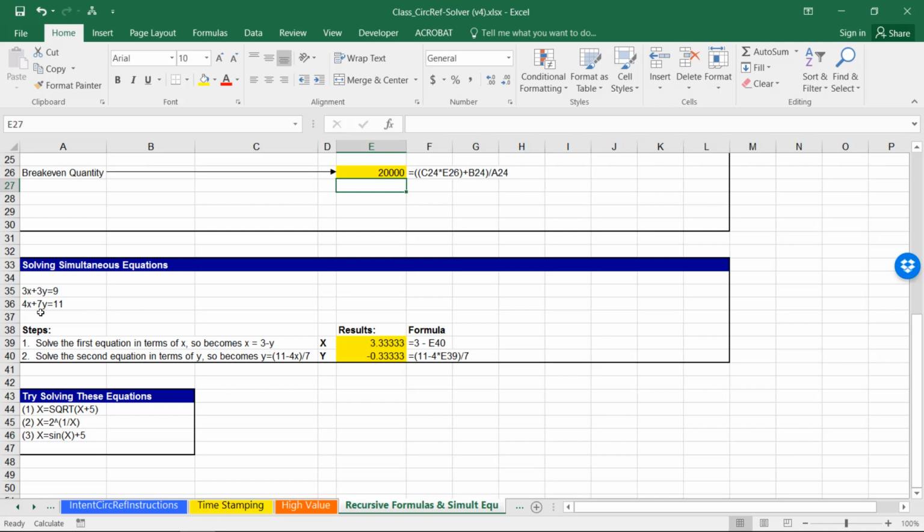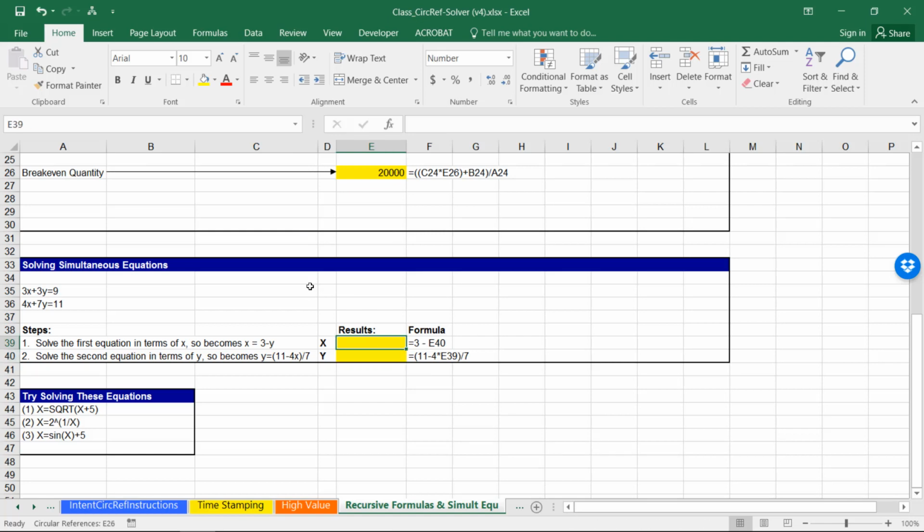Solving for y in the second equation, I subtract 4x from both sides, and then divide everything by 7. So 11 minus 4x divided by 7. Let me delete these two and solve it together.